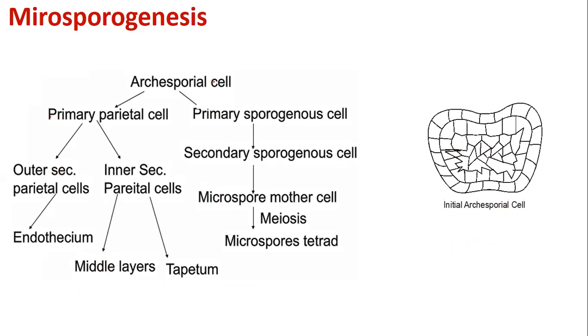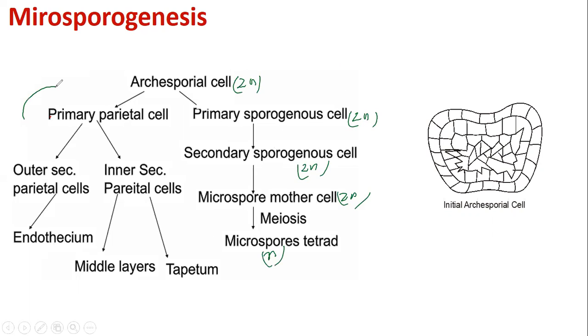So while noting this, you can also note down the ploidy because the question is often asked in the NEET regarding the ploidy. For instance, the question is asked, which of these following structures is haploid or diploid? So you see, the archisporial cell is always diploid, right? Primary sporogenous cell is also diploid. This is also diploid. Microspore mother cell is also diploid, but the microspore tetrad is going to be haploid, right?